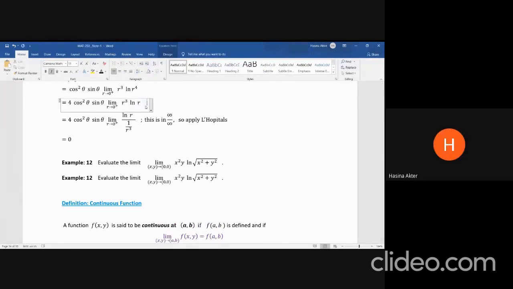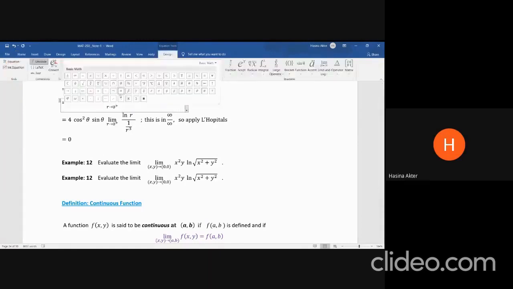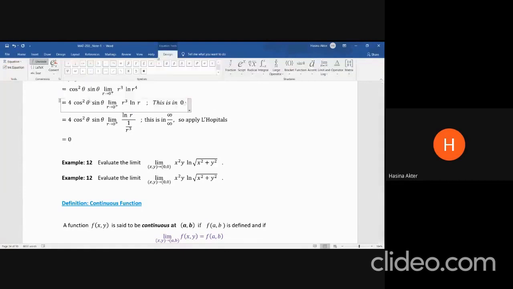Okay, over here you have 0 times infinity form. Let me put the dot to mean times. So this is in 0 times infinity form.